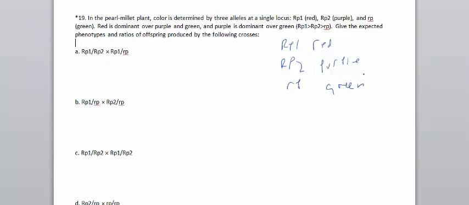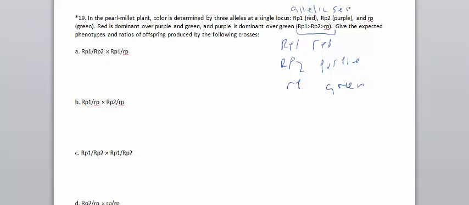So RP1 is dominant to RP2, RP2 is dominant to little rp, and RP1 is also dominant to little rp. So that's what we call an allelic series.